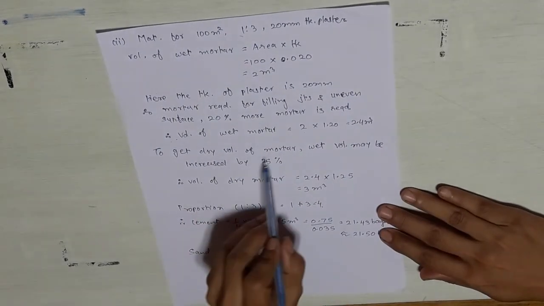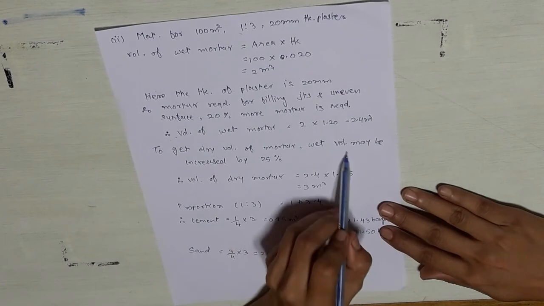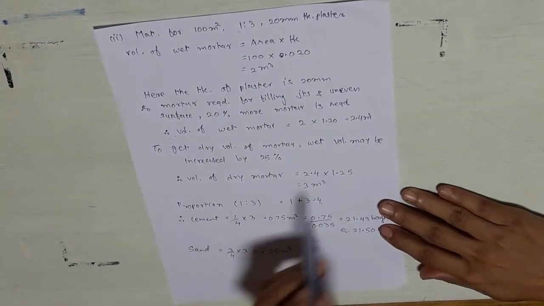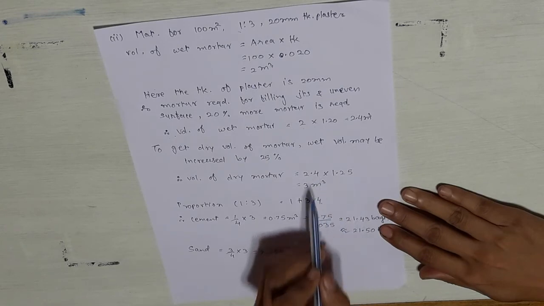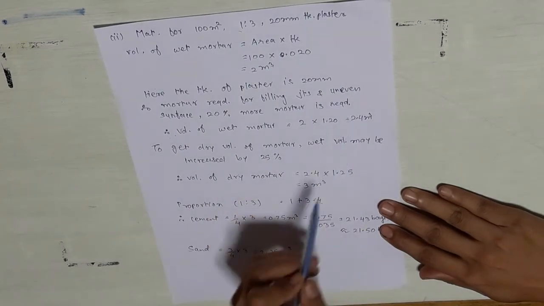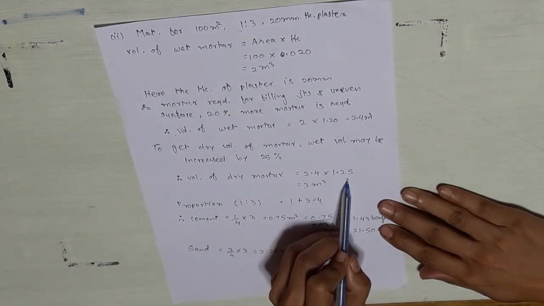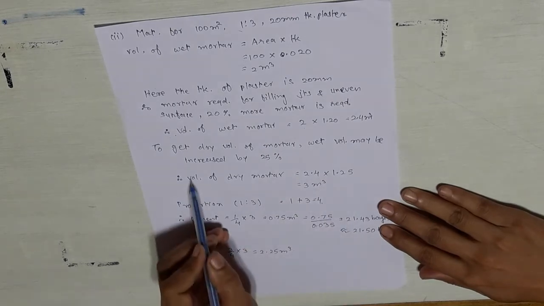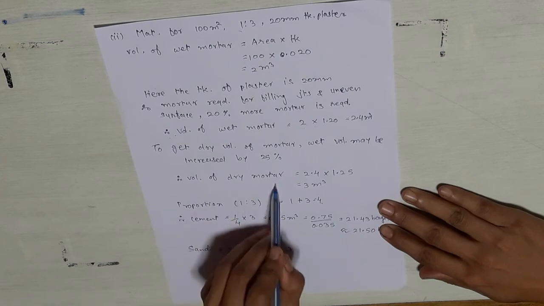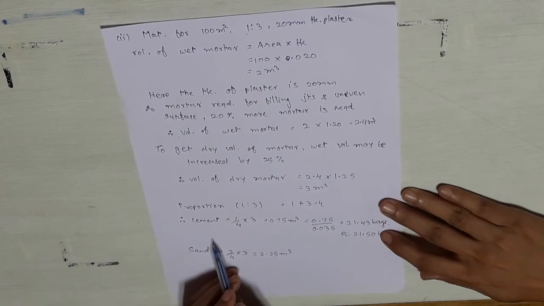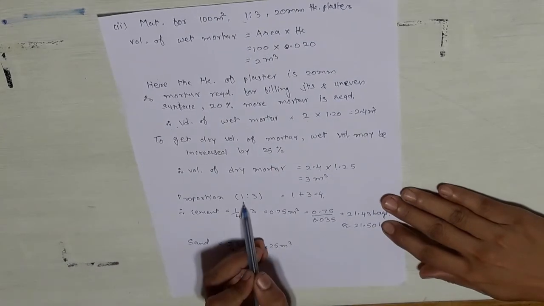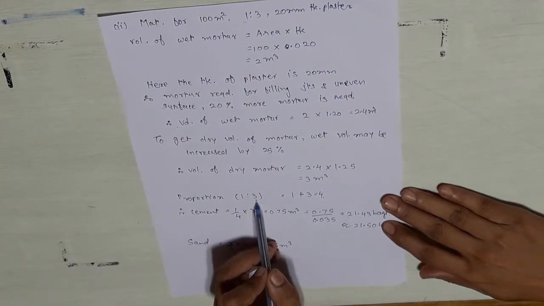Now to get the dry volume of the mortar, wet volume may be increased by 25%, so 2.4 multiplied by 1.25 equals 3 meter cube, the volume of the dry mortar. Here the proportion given is 1:3, so 1 part cement and 3 part sand.